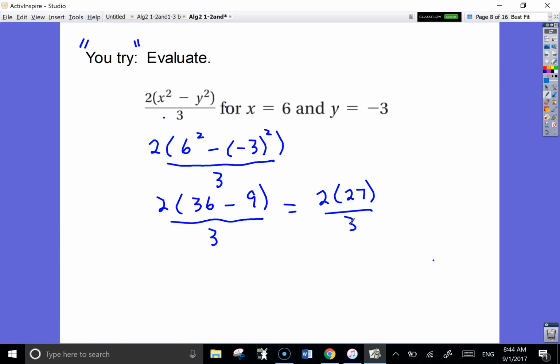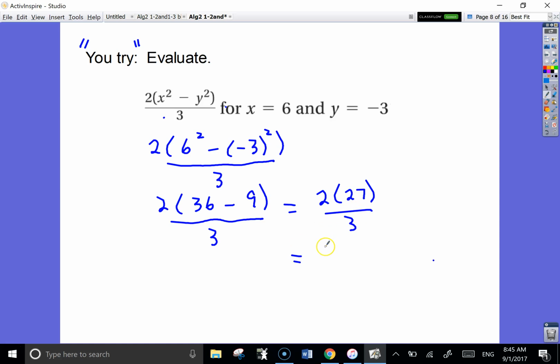Okay, now we've got a few different operations to do here. Doesn't matter which, it's all multiplying and dividing. So we're supposed to do those from left to right, but we actually only have one term. So what do you think would be easiest to do? In my mind, it's probably easiest to divide 27 by 3. I mean, you can put this in your calculator, that's fine.